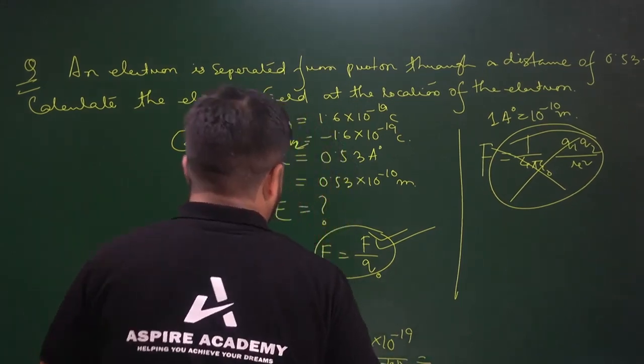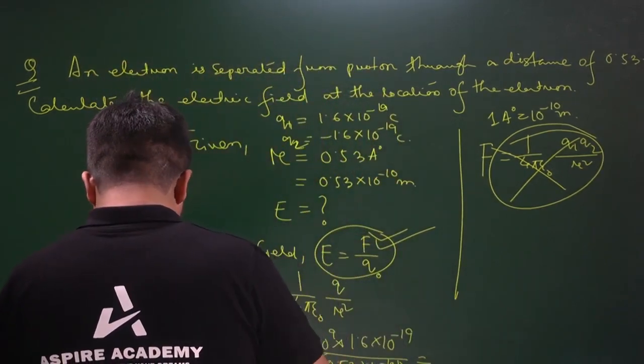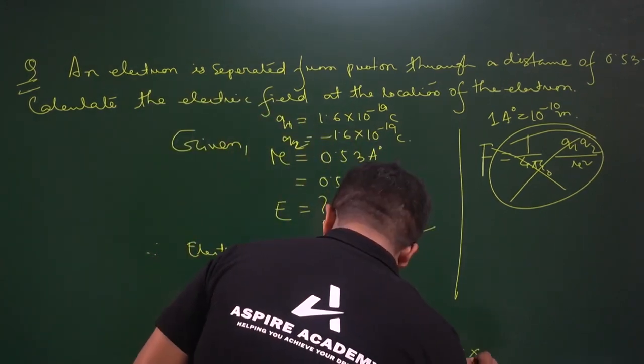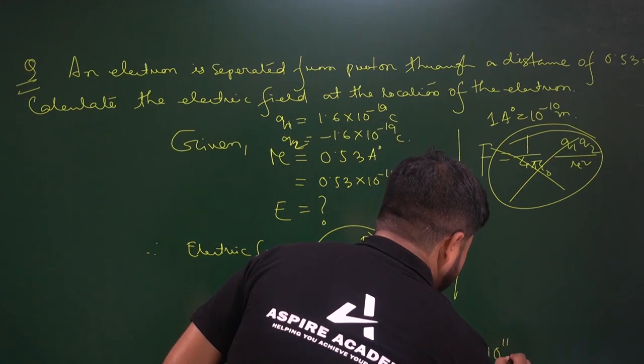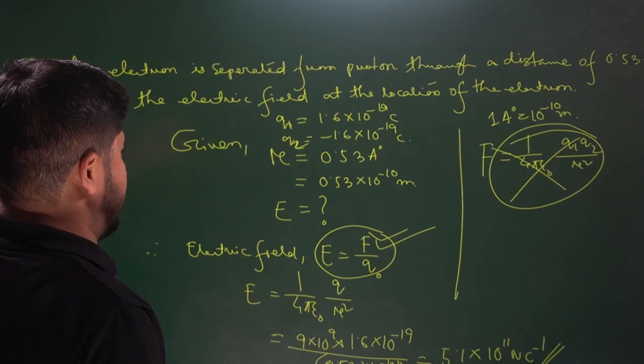After calculation, we are getting 5.1 into 10 to the power 11 newton per coulomb. So this is the answer for this question.